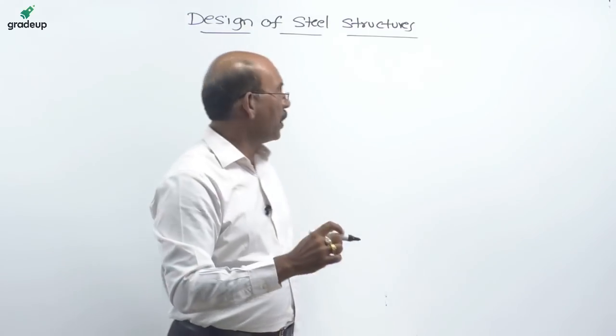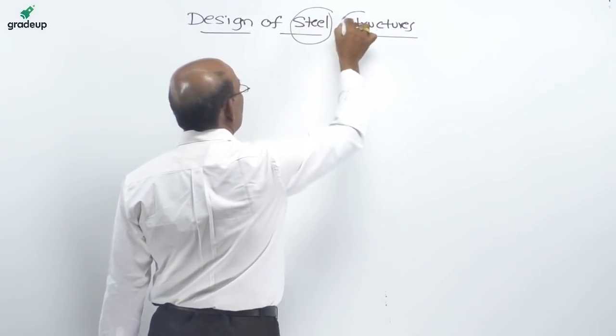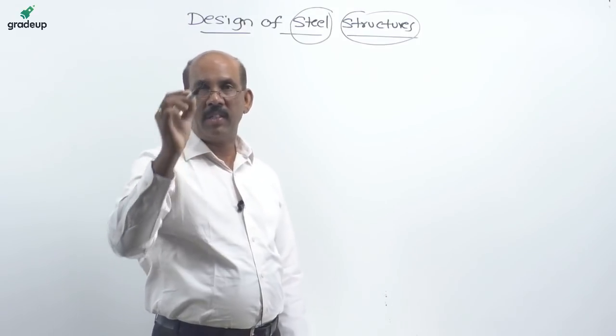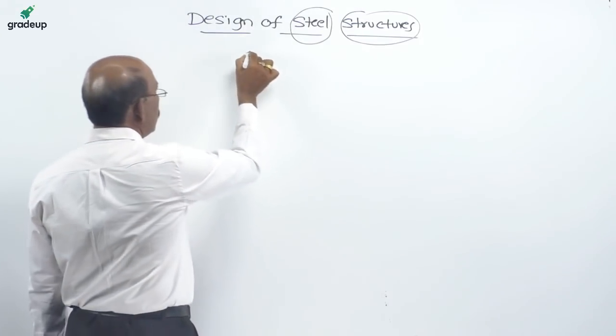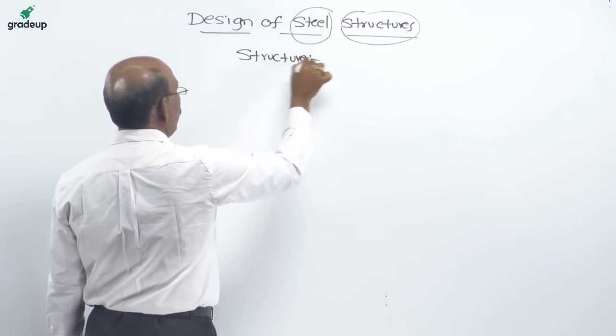With reference to this particular title, one is the steel, another one is the structure. So, what is meant by a structure? A structure is defined as an assemblage of elements.